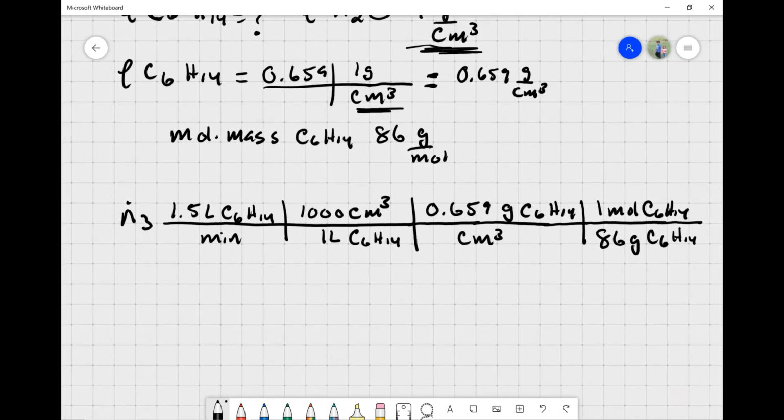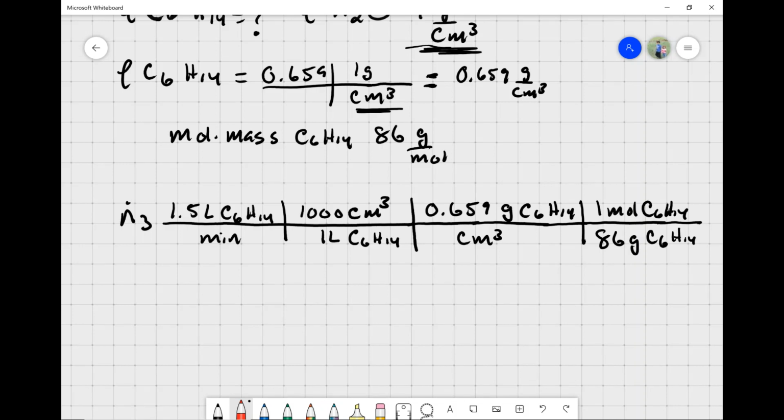All right, so I'm going to do some canceling of the units to see if we're going to get the units we want. So molar flow rate, in this case, should be moles per minute. That's our goal.